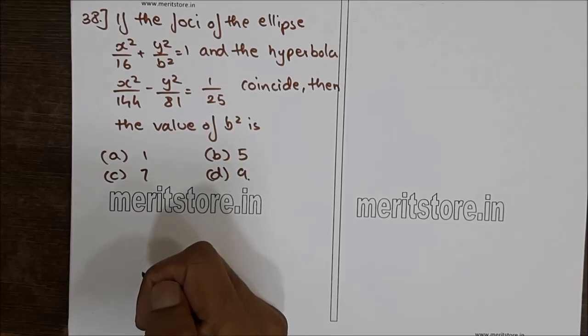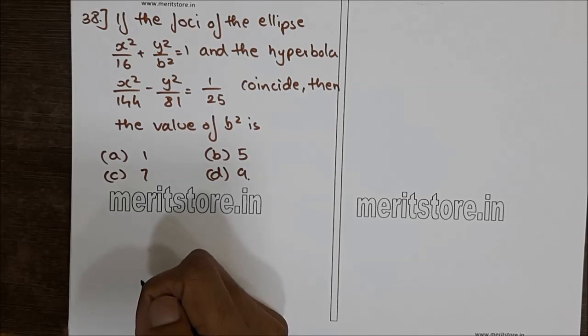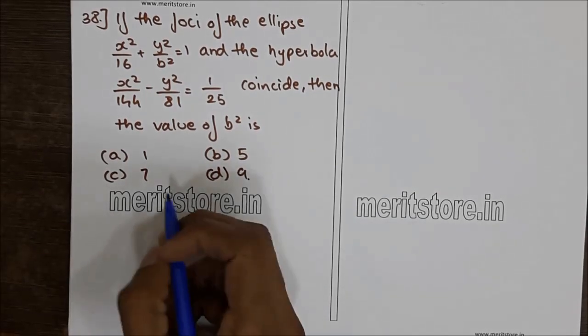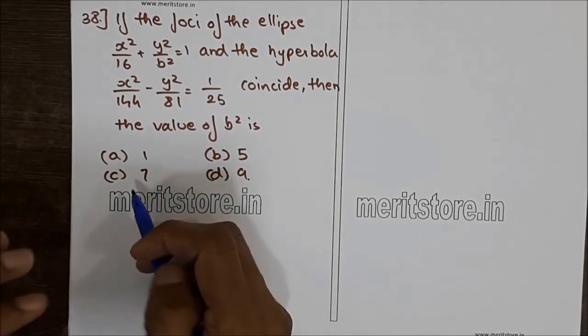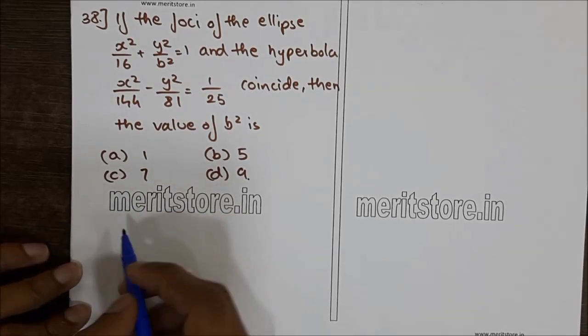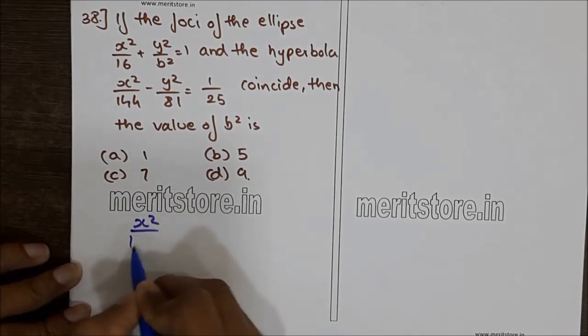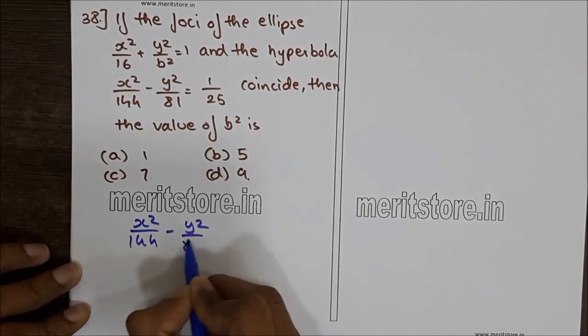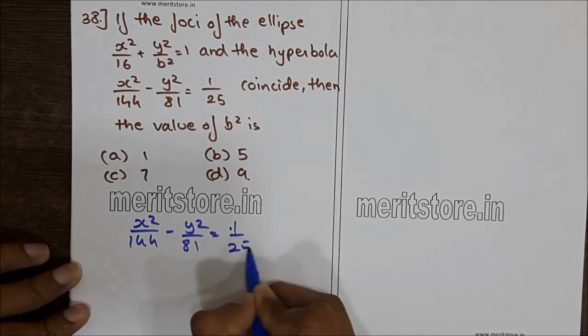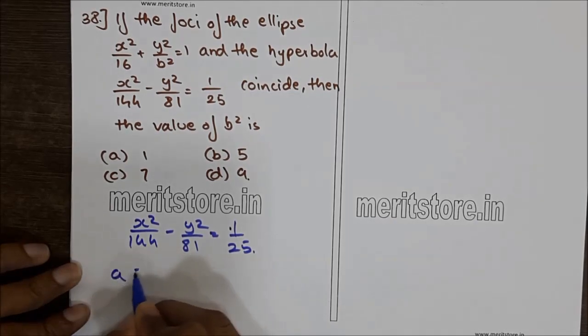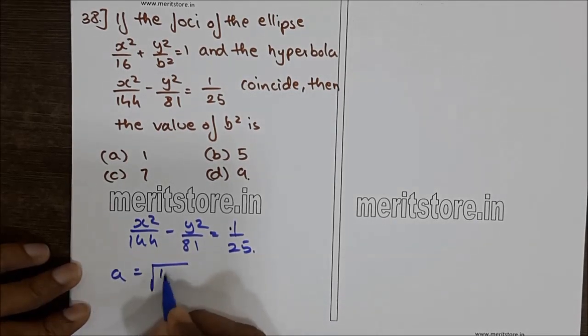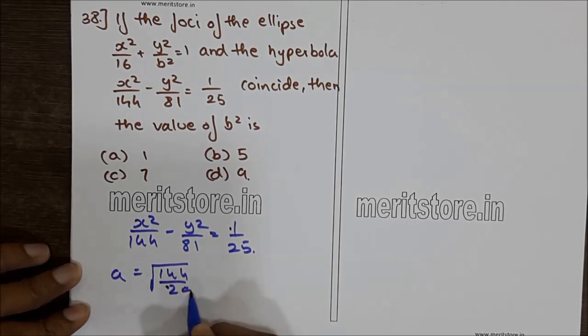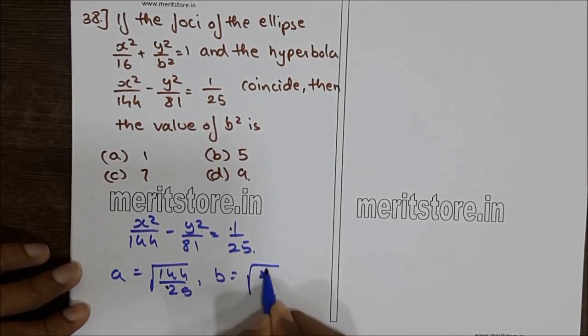Question 38. If the foci of the ellipse x square upon 16 plus y square upon b square equal to 1, and the hyperbola x square upon 144 minus y square upon 81 equal to 1 by 25, coincide, then the value of b square is? We have four options: A 1, B 5, C 7 and D 9. The hyperbola is given as x square upon 144 minus y square upon 81 equal to 1 by 25, where a square is 144 upon 25 and b square is 81 upon 25.